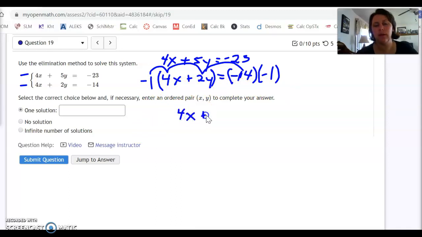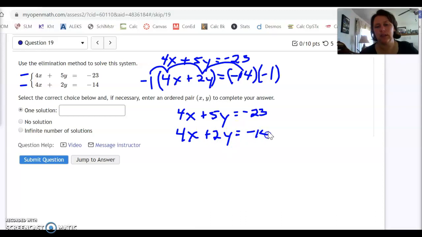So we have 4x plus 5y equals negative 23. And then for our second equation, we have 4x plus 2y equals negative 14. Now, when I multiply this whole equation by a negative 1, we distribute that through every single term.